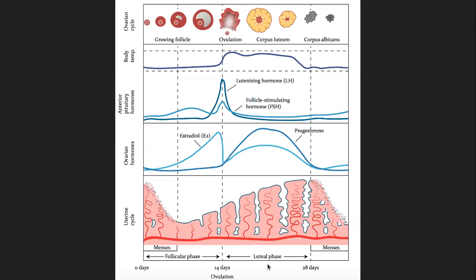After this rupture of the Graafian follicle, or let's say ovarian follicle, it develops into the corpus luteum, right? That is after the 14th day itself. And for that structure to convert into corpus luteum, luteinizing hormone plays a role, and that is why it is at its peak. All of the luteinizing hormone that is formed on the 14th day will make sure that the corpus luteum is formed.